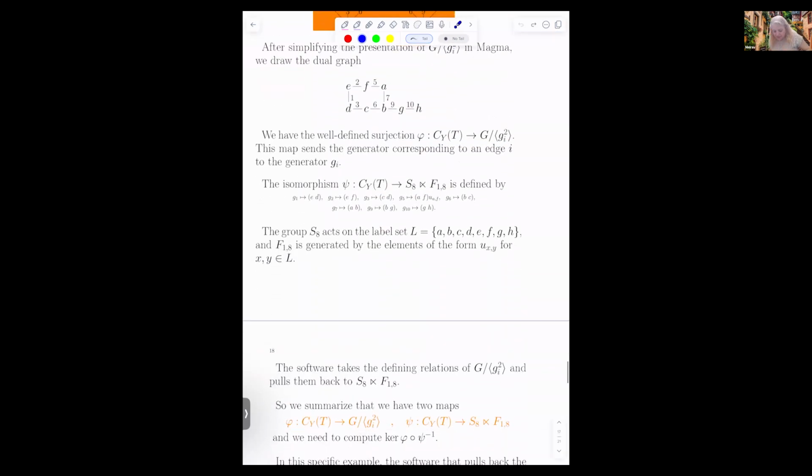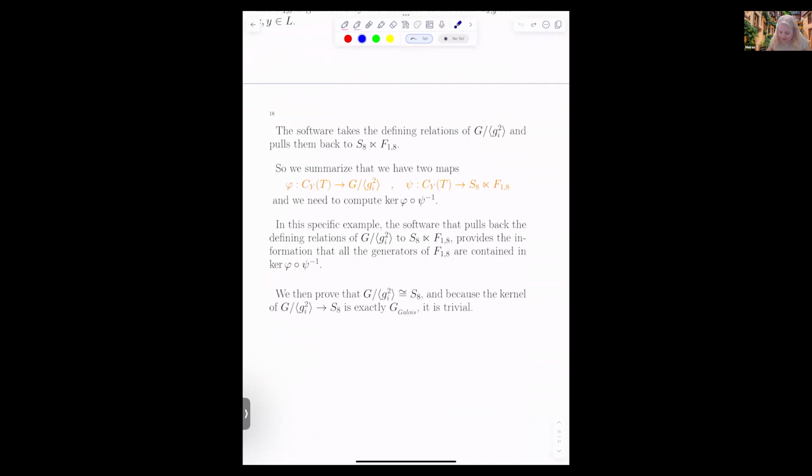So actually, to summarize this example, we have these two maps and we need to compute the kernel of this decomposition. But in this specific example, only, of course, in this specific example, the software that pulls back these defining relations from our quotient to the semi-direct product provides us that all the generators in F18 are contained in the kernel.